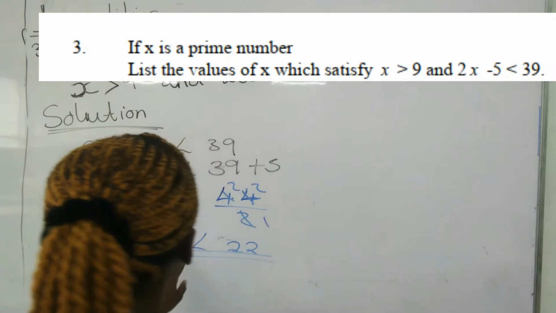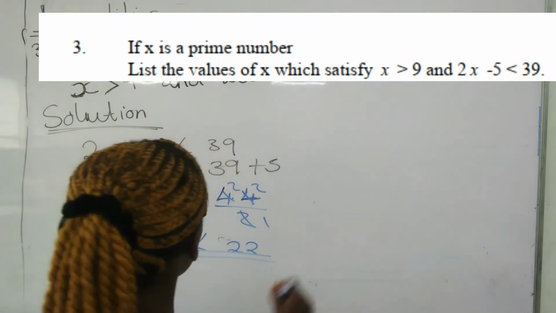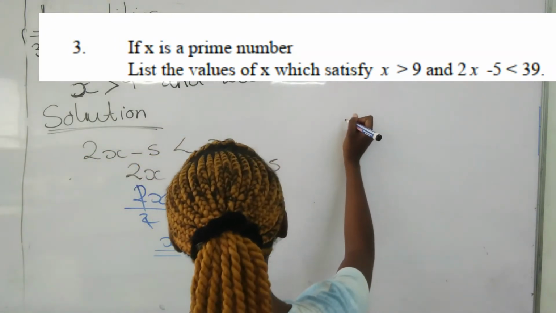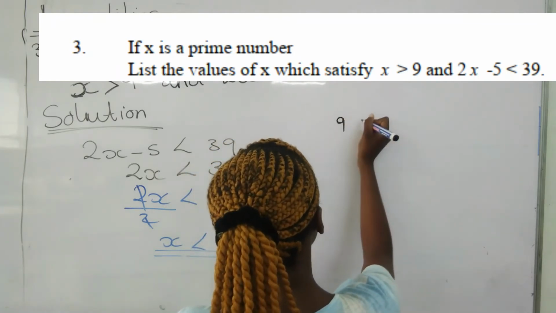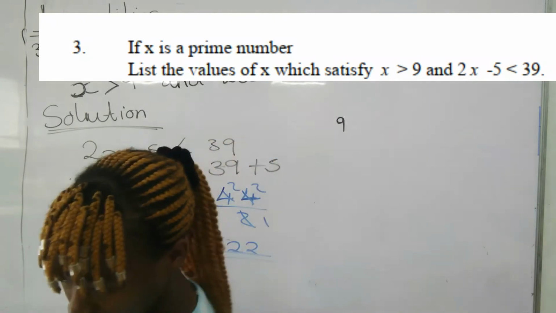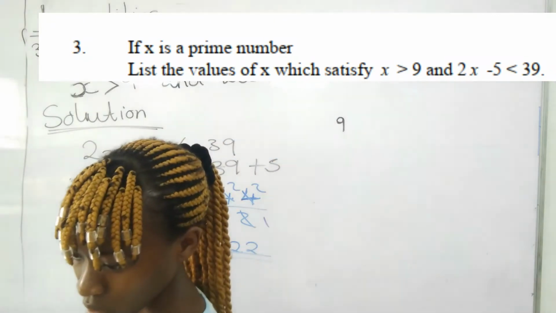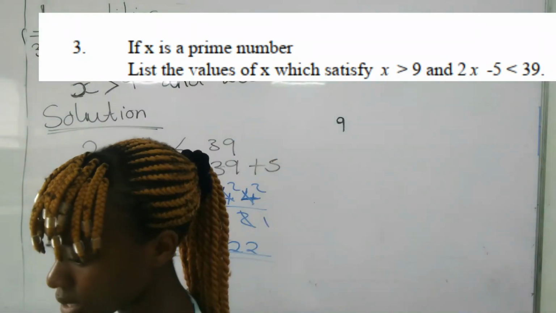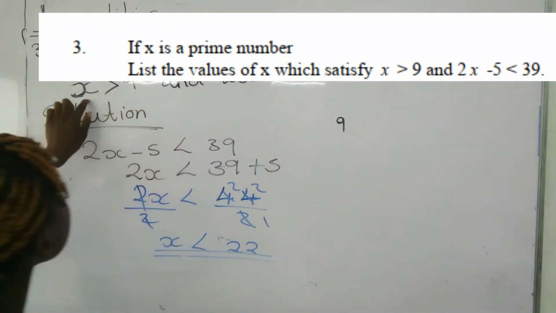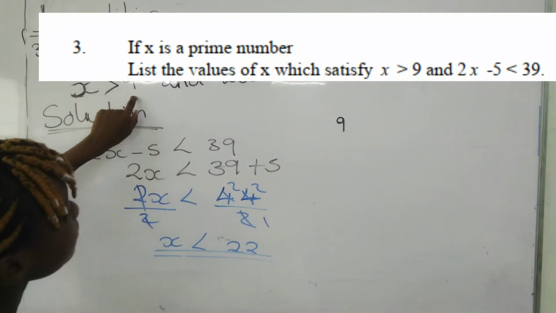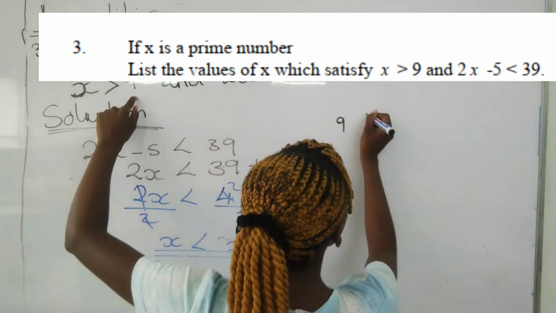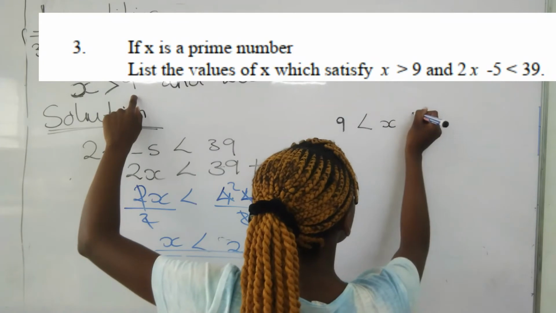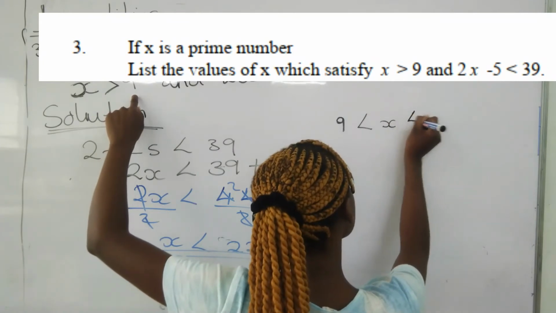Here we find the common values. Greater than 9, meaning that 9 is less than x less than 22.